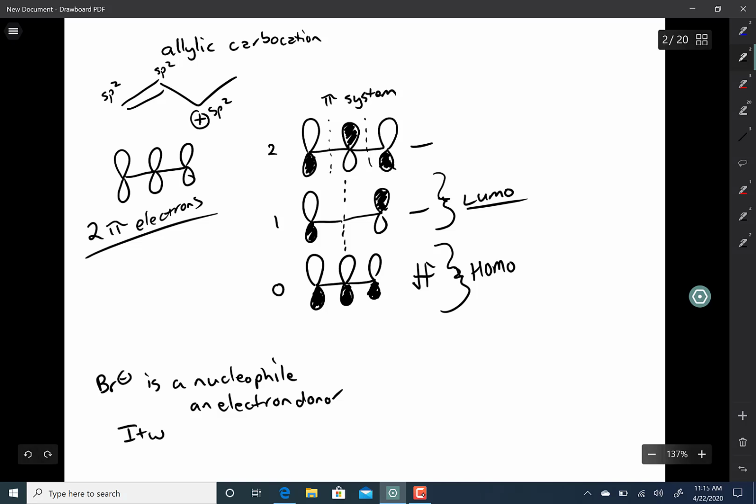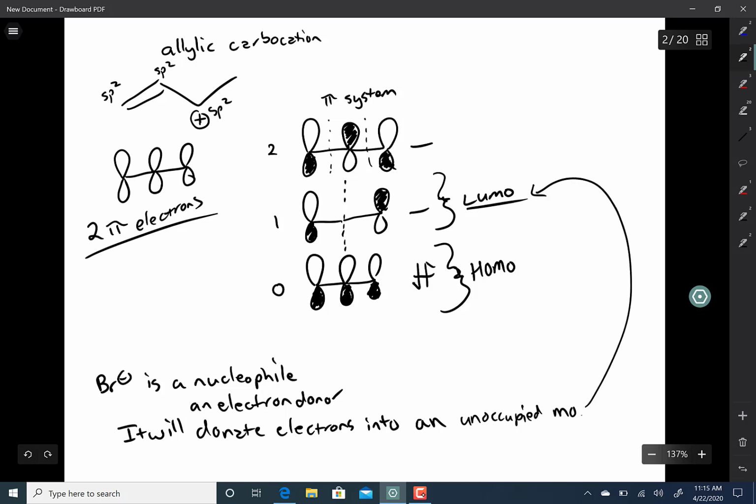It will donate electrons into an unoccupied orbital. And the one it chooses is the lowest energy unoccupied molecular orbital, the LUMO.